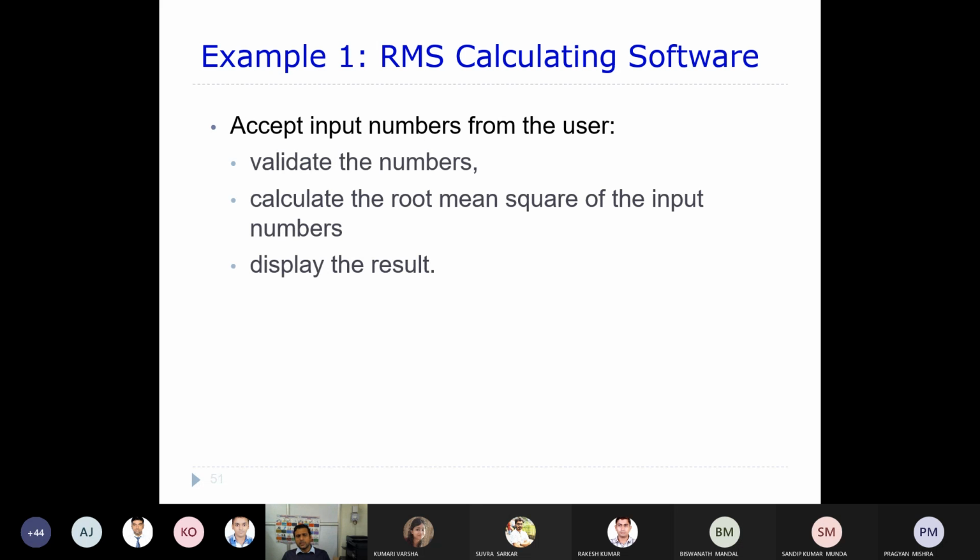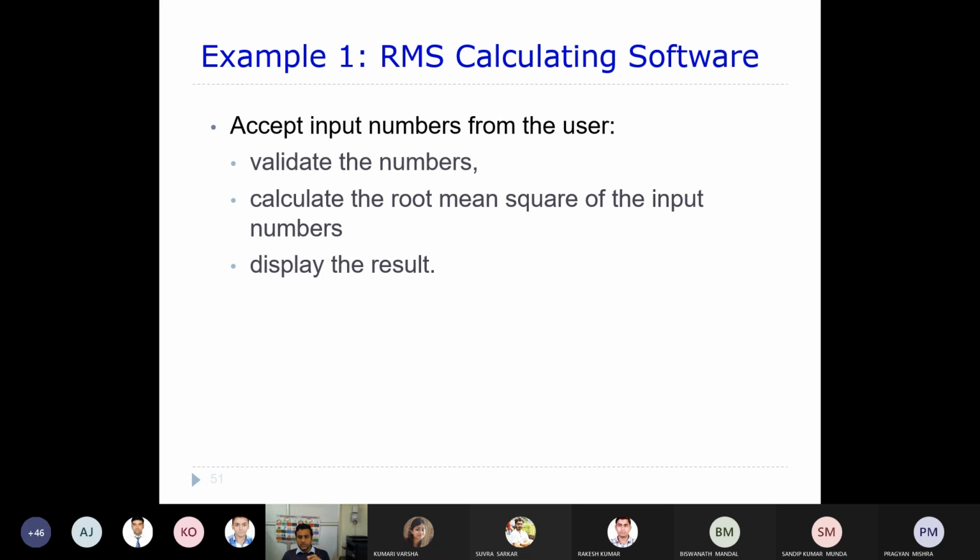Now, as part of this RMS calculating software, whenever you input a number, first it is checked whether the number is a valid number or not, whether the number is taken from the range of values -1000 to +1000.